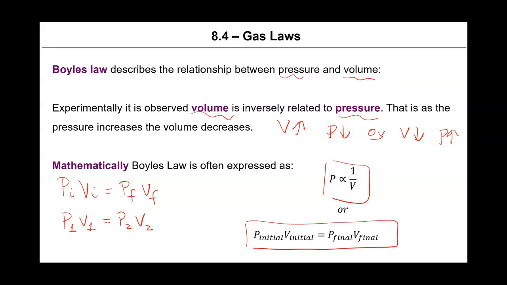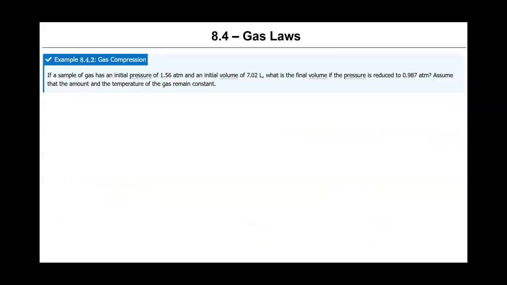on the internet. So here's an example problem where we're using Boyle's law from the book. It says if a sample of gas has an initial pressure of 1.56 atm, so let's take a note of that, and an initial volume of 7.02 litres, so volume initial is 7.02 litres.